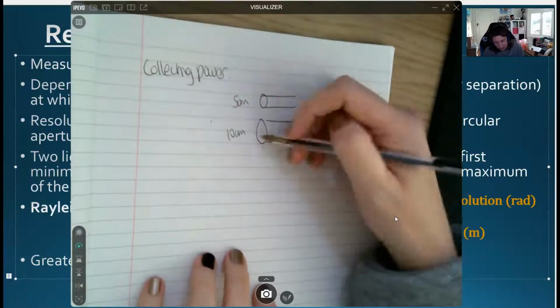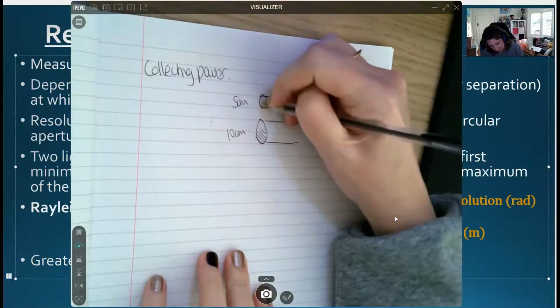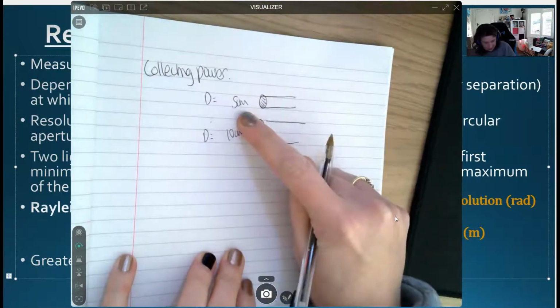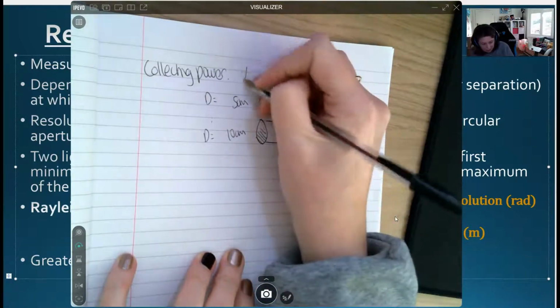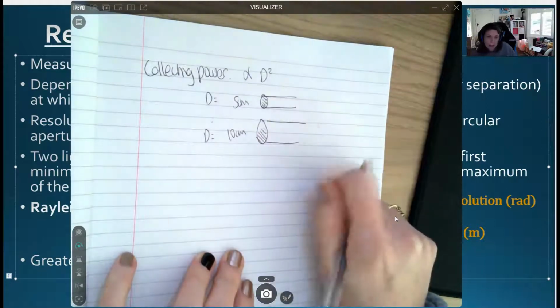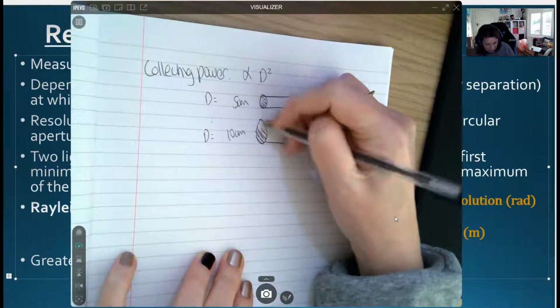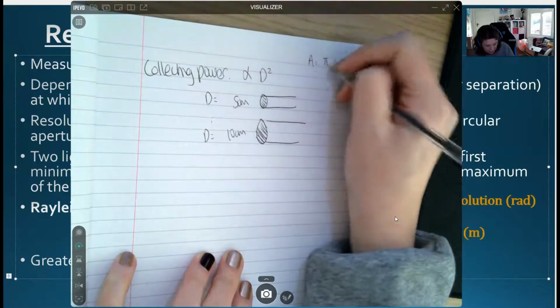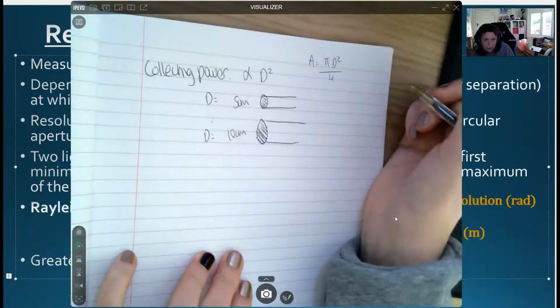Well, of course it's this one because it has a greater area. So the collecting power is proportional to diameter squared because of the area, okay? So the area is pi diameter squared over 4.